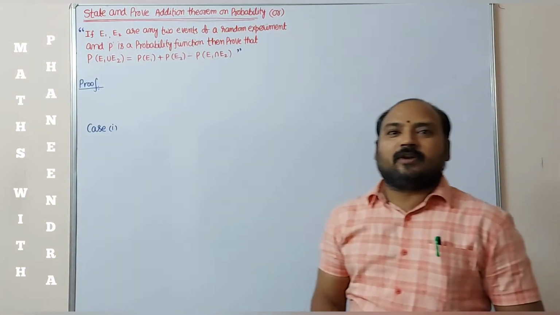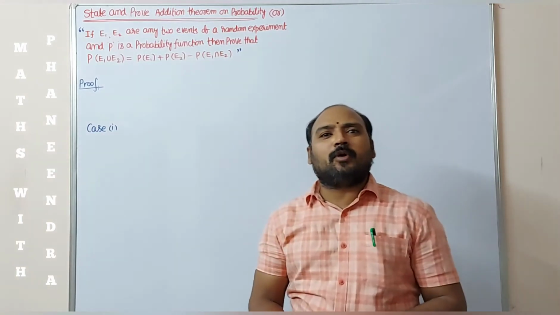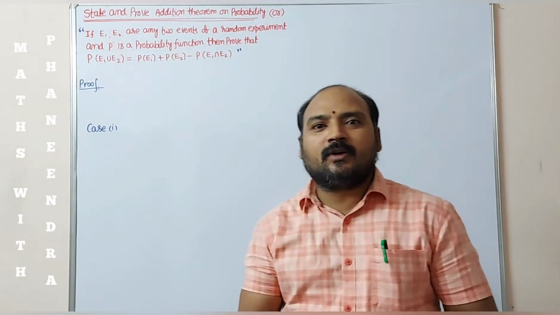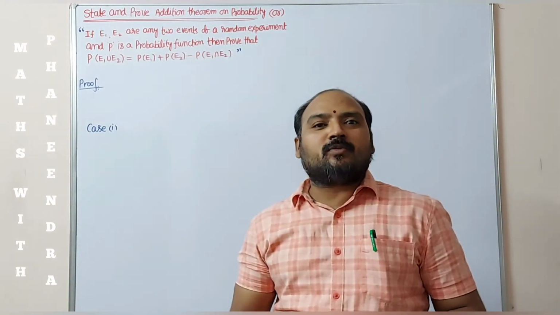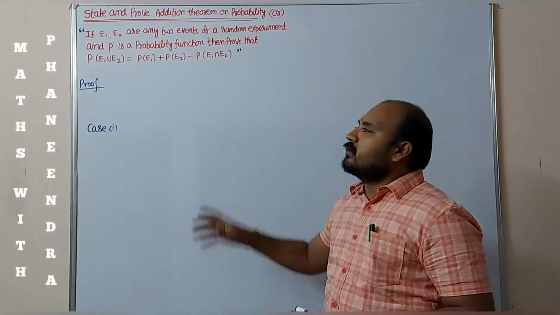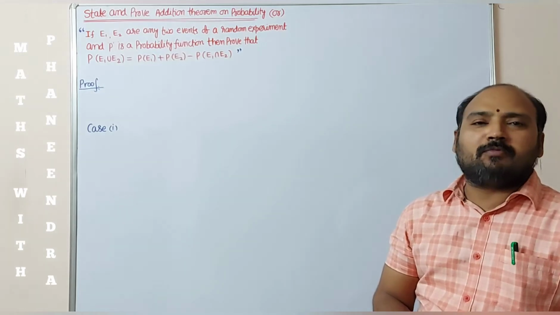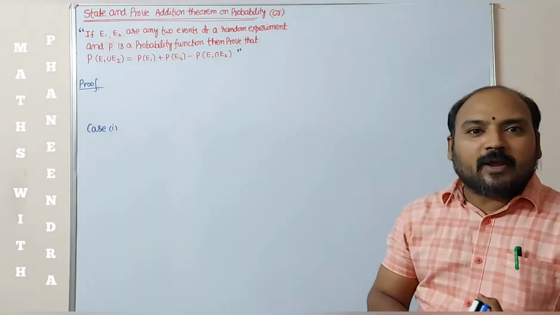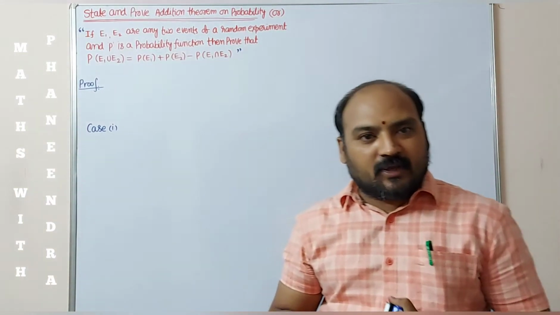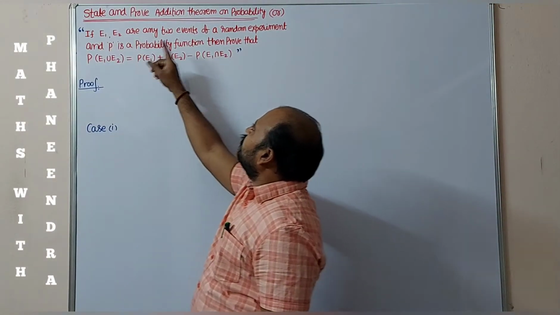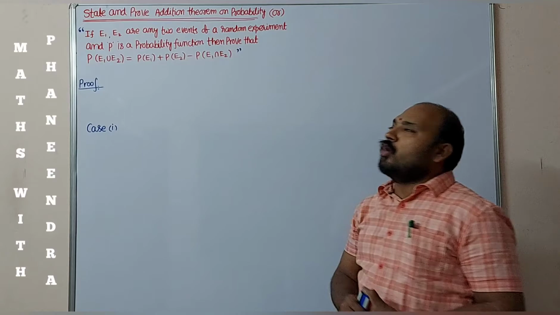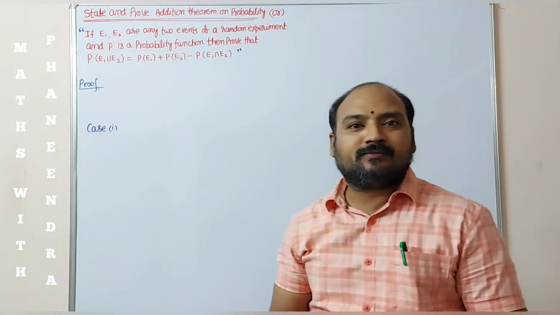The next very important theorem, dear students, in view of public examinations or competitive exams. This theorem statement is very important. Sometimes in the boards, in the public examinations, they will ask like this: state and prove addition theorem on probability.